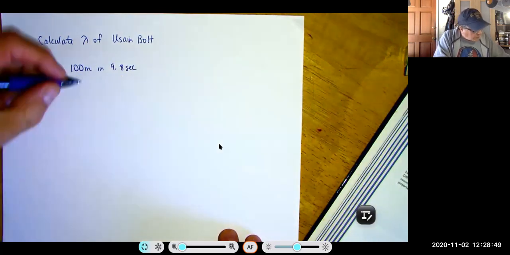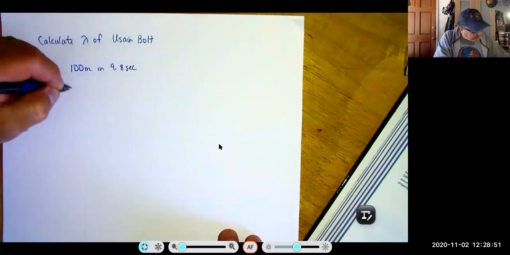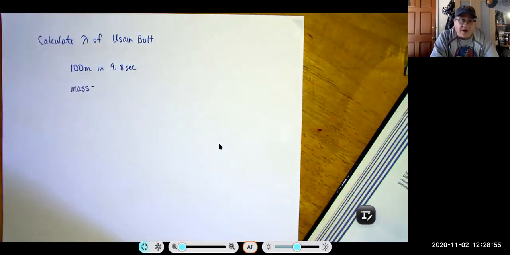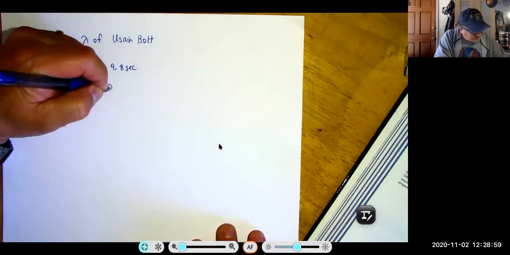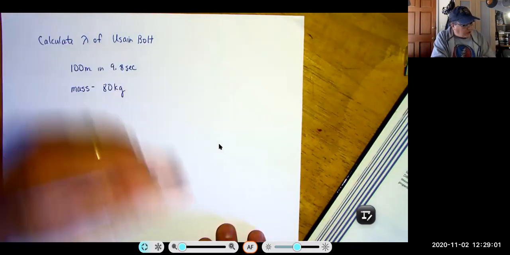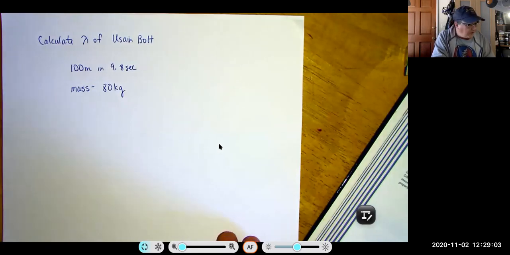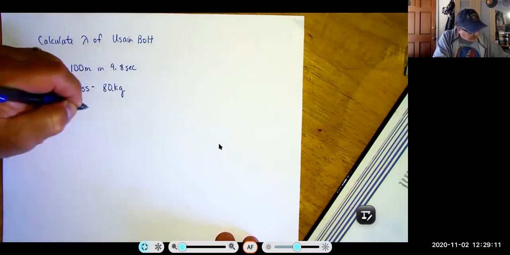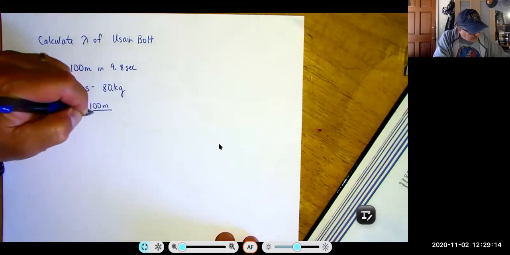Well, we need to know his mass. What is the mass of Usain Bolt? And we want it in kilograms. So he's about 80 kilograms. He's a rather large guy. He's tall. And although he looks skinny, he's very muscular. And we'll just put 80 kilograms. His velocity is 100 meters over 9.8 seconds.